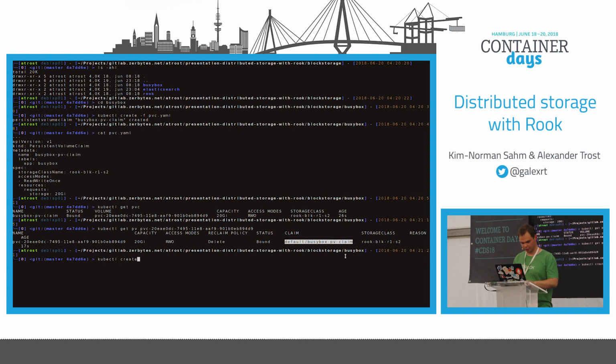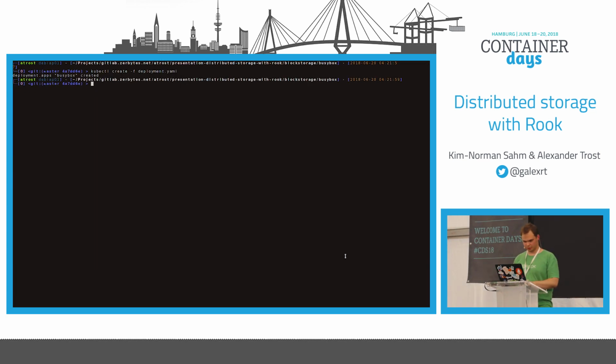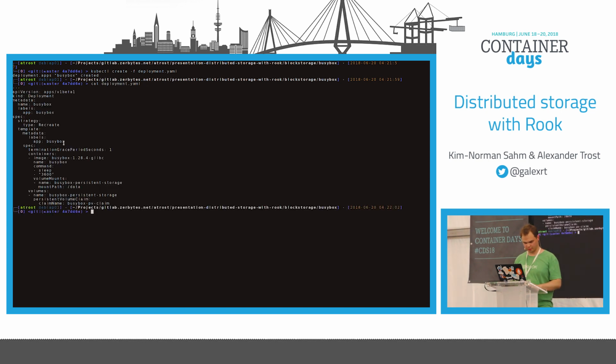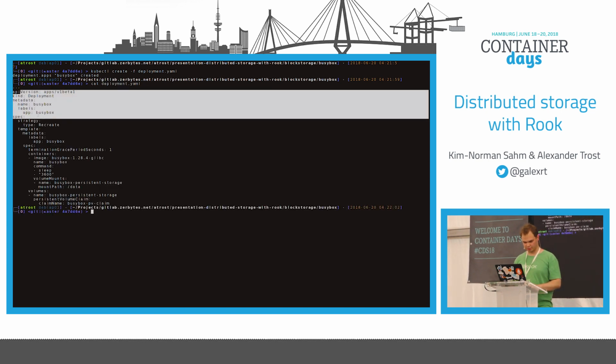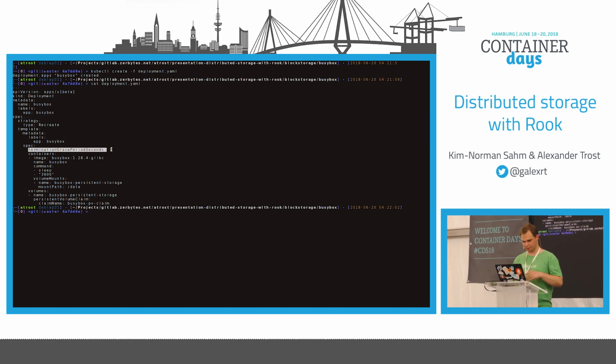And now if we just go ahead and create the deployment, we have a very simple deployment for a BusyBox with a termination grace period, because if you run sleep as a command, it doesn't react to signals very nicely, at least in my tests. We run a sleep, so we can exec into it. We have the volume mount where we say mount this volume we specified to /data.